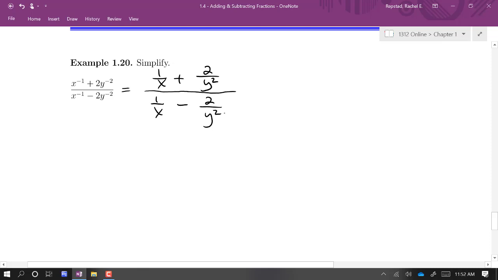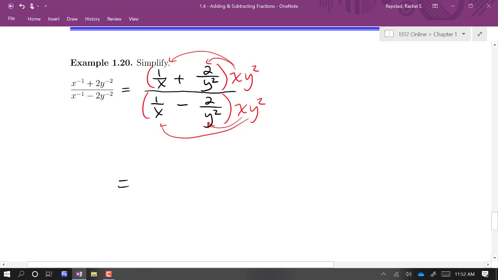Now if I scan the little fractions that appear in the big fraction, the LCD, the least common denominator, is x times y squared. So I'll multiply top and bottom by xy squared and distribute. When we distribute, there's going to be canceling. So 1 over x times xy squared.